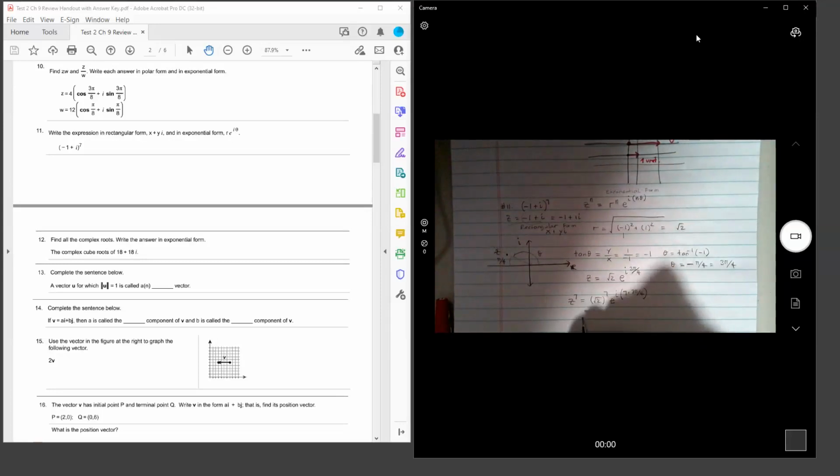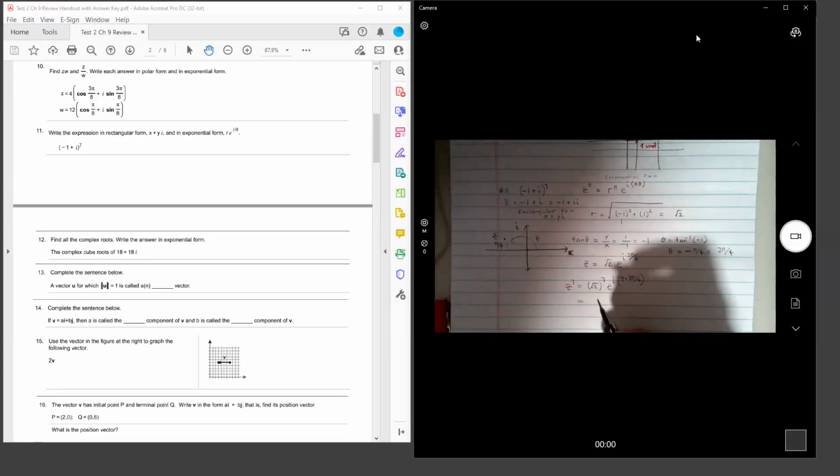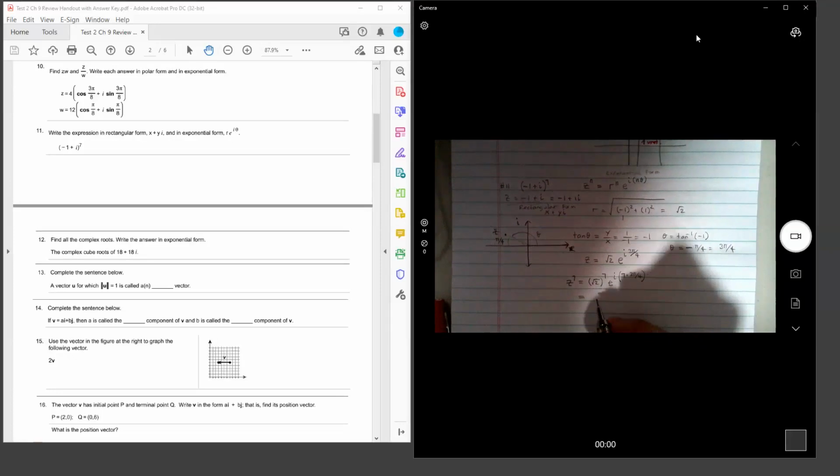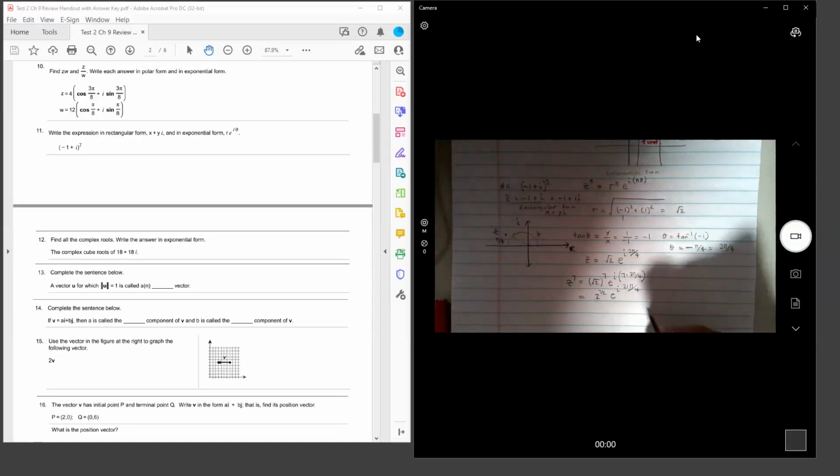All right, so there's going to be a little bit of algebra cleanup. I guess I'll start cleaning it up right now. This is the same as 2 to the power of 7 halves, times e to the i 21 pi over 4.